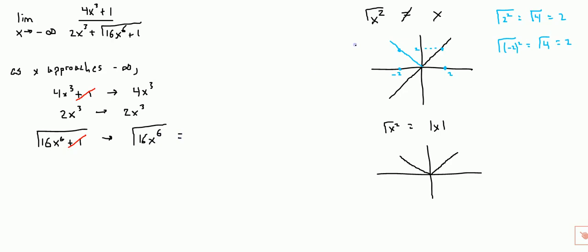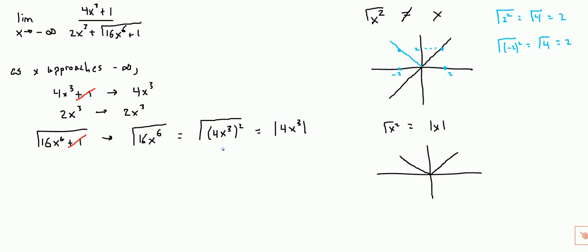Well, we did some work over here to figure out what the square root of x squared was. So let's write this more like that. Let's write it as 4x cubed squared. 4x cubed squared is 16x to the 6th. And now we know that this is going to equal the absolute value of 4x cubed, right? Square root of something squared is the absolute value of something. The something is 4x cubed.